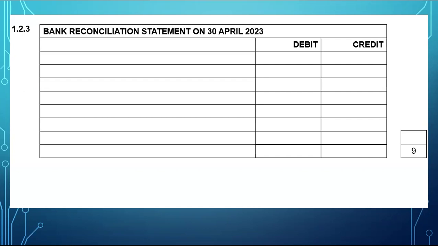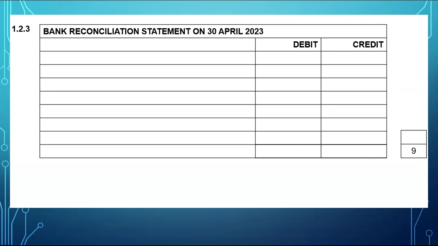Let's get to it. Just remember, when you perform the bank reconciliation statement, you compare three, actually it's four when I think about it. It is the previous month's bank reconciliation statement.